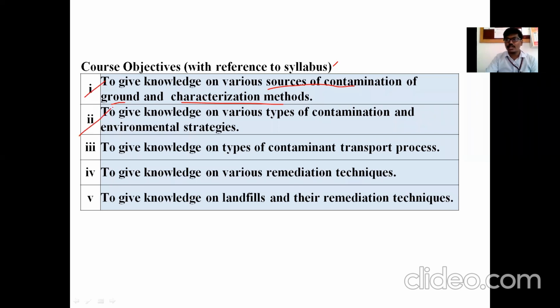Coming to the second unit, we will gain knowledge on the various types of contamination and the environmental strategies to be applied for this contamination. Later, the third unit is all about the contaminant transport process.